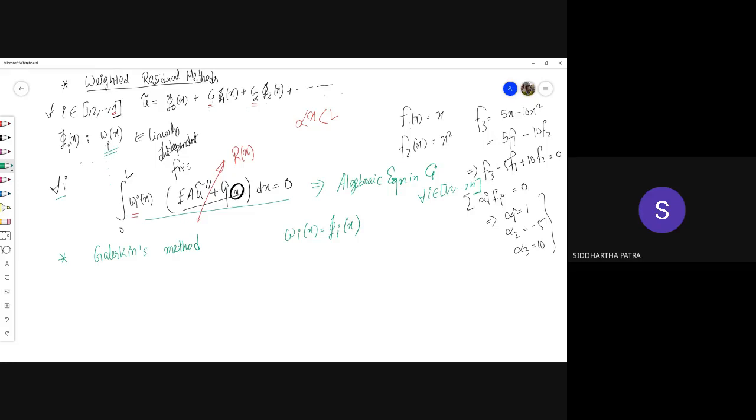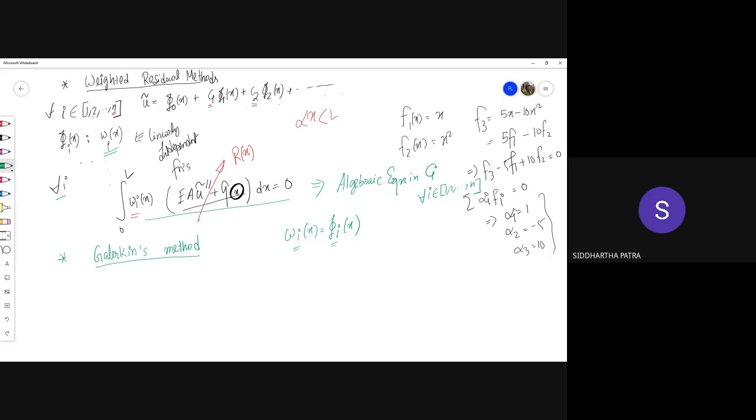Therefore, we need n such weights to solve for n coefficients. So Galerkin's method is a special type of weighted residual method where we use the trial functions themselves as the weight.